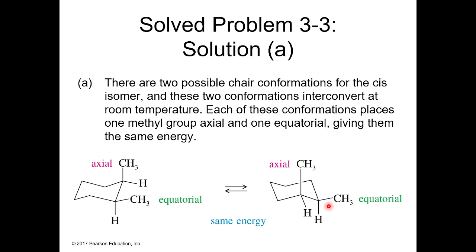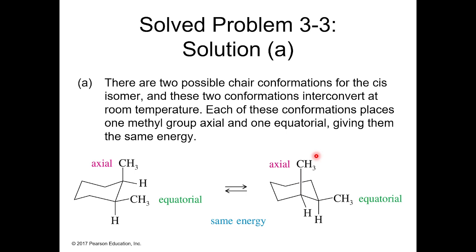For this cis isomer, we're going to end up flipping the equatorial and axial positions, aren't we? So the CH3 that was axial will now be equatorial, and the CH3 that was equatorial will now be axial.